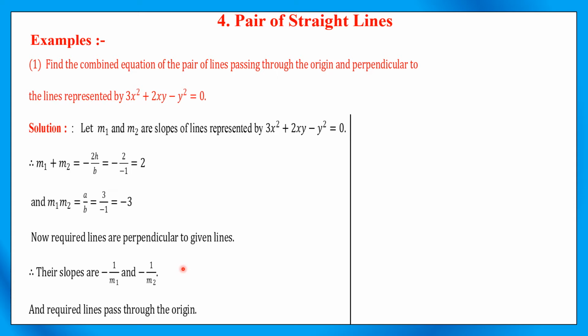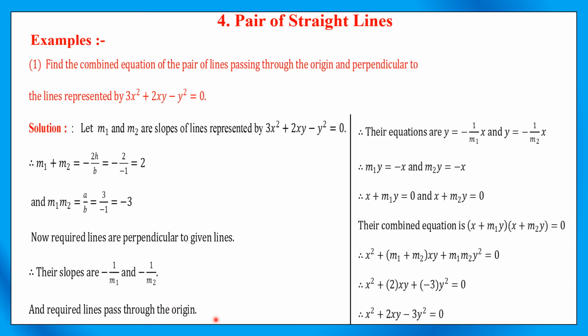We take the minus and reciprocal of the slopes as the lines are perpendicular, and the required lines pass through the origin. Therefore, their equations are of the lines passing through the origin. We know that the equation is y equal to mx. Here m is the slope of the first line, that is minus 1 divided by m1, and the slope of the second line is minus 1 divided by m2.